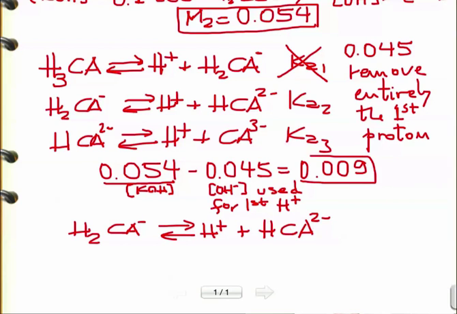We're going to use 0.009 hydroxide equivalents to neutralize this and push this reaction to the right. So initially you would have 0.045 H2Ca minus, but the 0.009 is going to be used, and H2Ca minus is going to remain at 0.036 in this equilibrium. Okay? Where does the rest go? The rest became HCa2 minus.